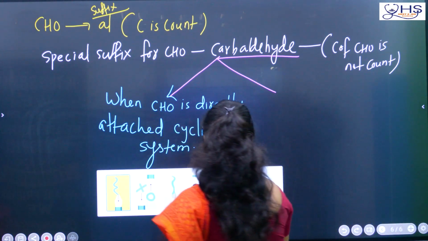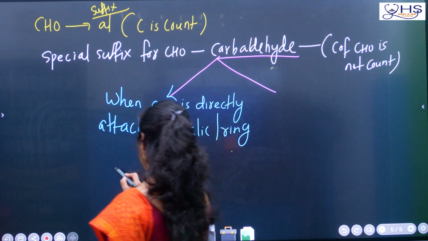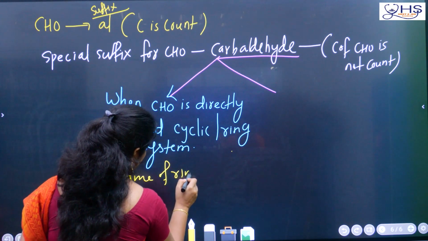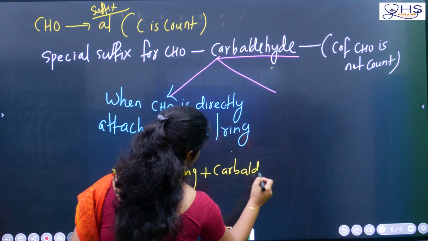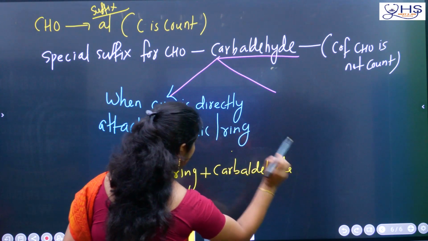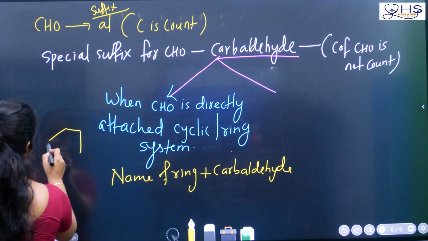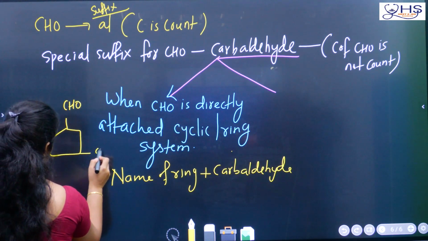That time, the other naming of the ring you can do with the normal rule, like the name of the ring system. So here the name of the ring we will write first, plus we will write carbaldehyde. Name of ring plus carbaldehyde. For example, I am having CHO and here I am having methyl.